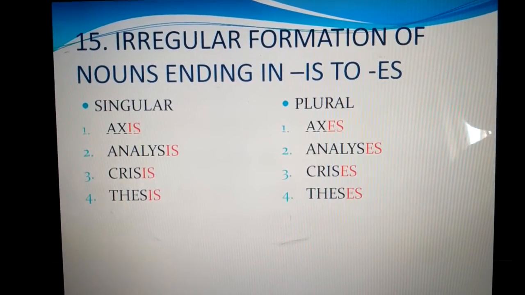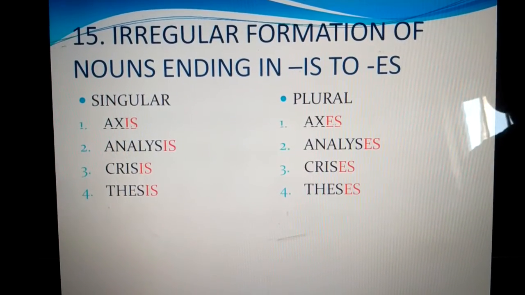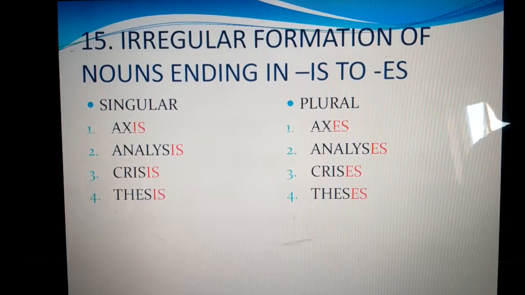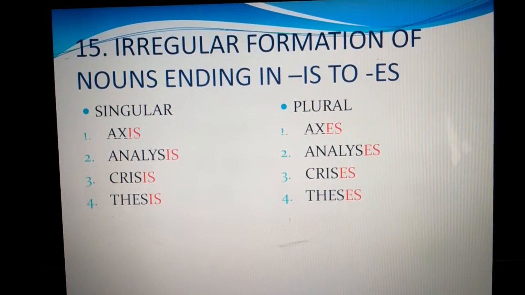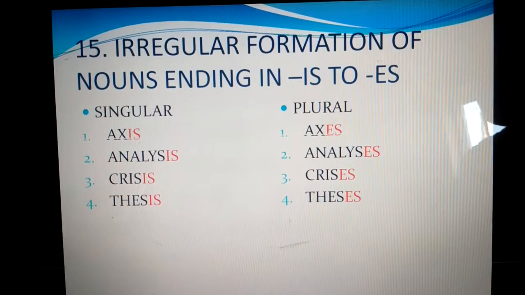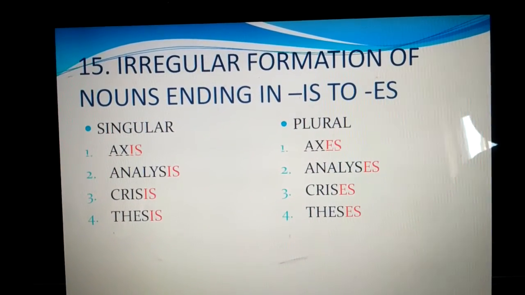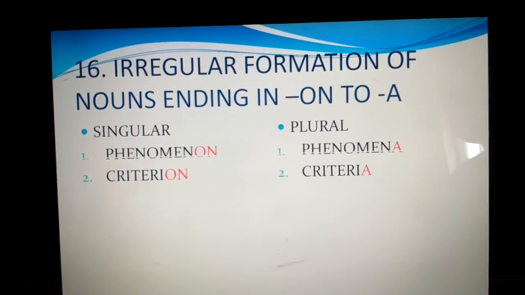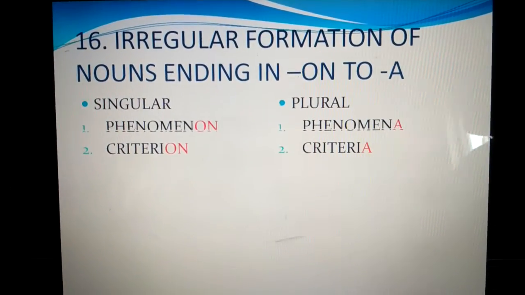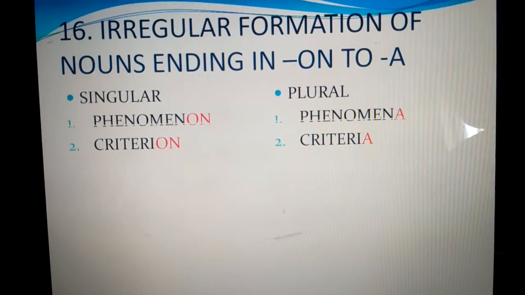Then irregular formation of nouns ending in is, it becomes es. Look at there. Axis, axes. Analysis, analyses. Crisis, crises. Thesis, theses. Then irregular formation of nouns ending in on, it becomes a.